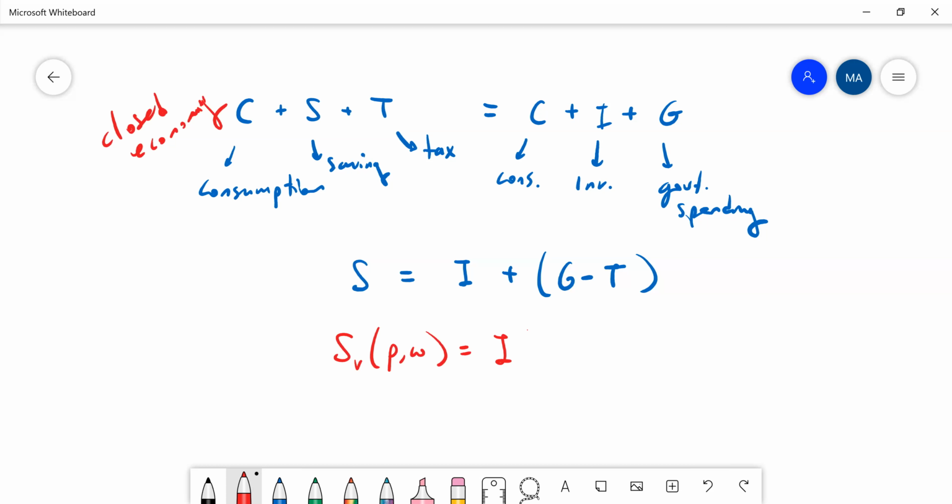Now investment depends on this and lambda I minus D, right? Because D was the revenue minus spending. So the deficit could be expressed in this way.